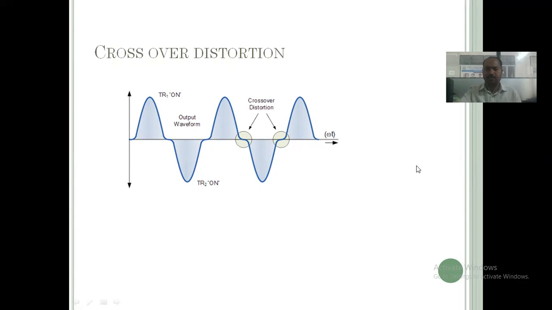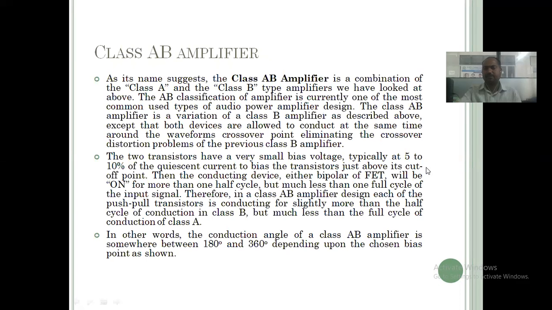This is the revised part. We have to start another session, that is the class AB type of amplifier. Before seeing this type of amplifier, we have just discussed the introductory things about class A and class B. We know there is a class A amplifier.